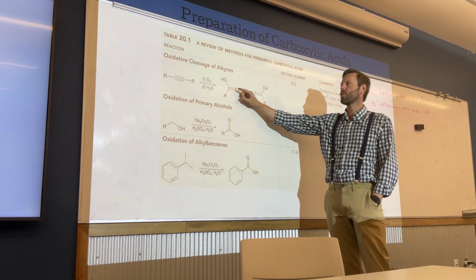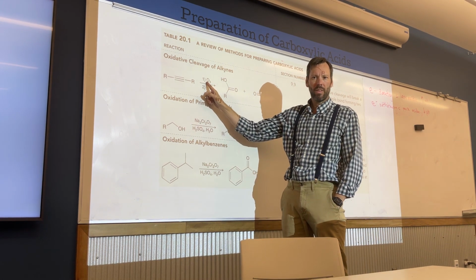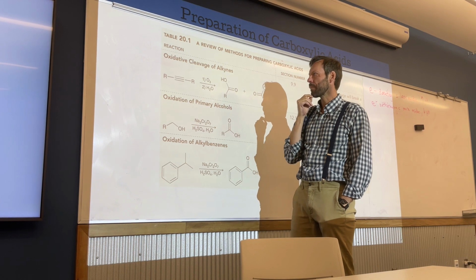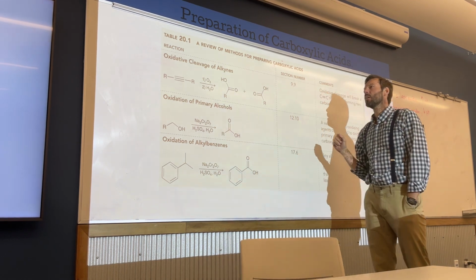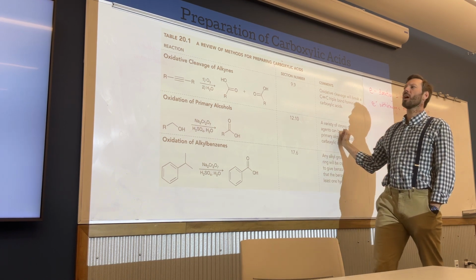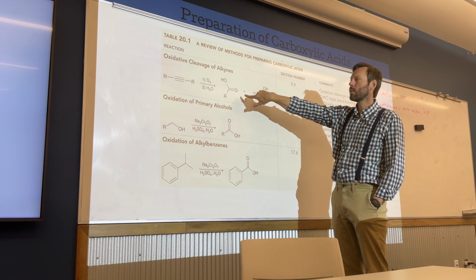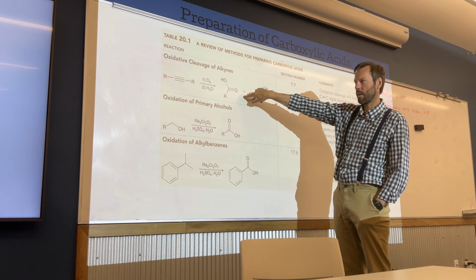Oxidative cleavage, so ozonolysis. We kind of already talked about this with aldehydes and ketones, but you can take an alkyne and oxidize it, and you can break it apart into two carboxylic acids.